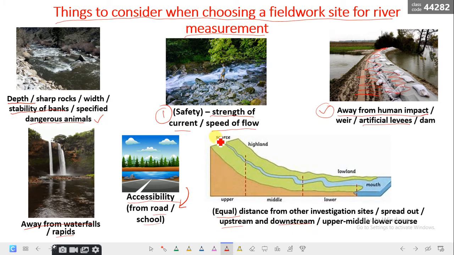A river usually starts from the source and ends at the mouth, so the river is divided into the upper course, the middle course, and the lower course. While taking your readings, you should note where the upper, middle and lower courses are. When choosing sampling sites, they should be at equal distances from each other.